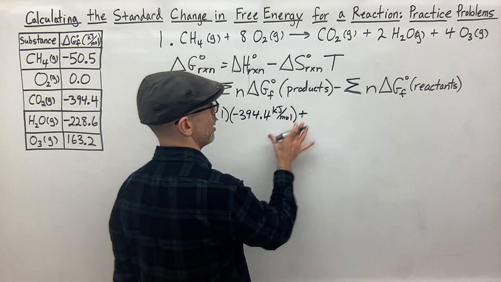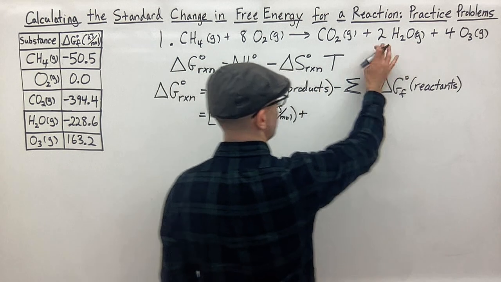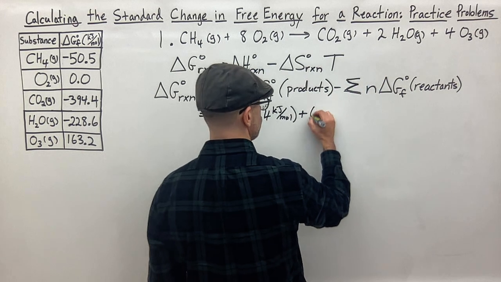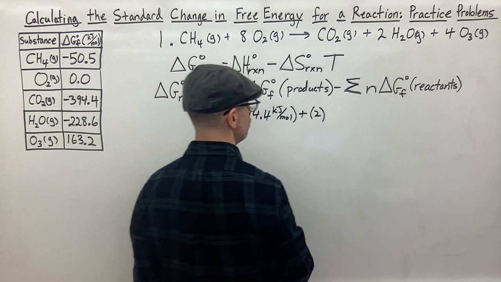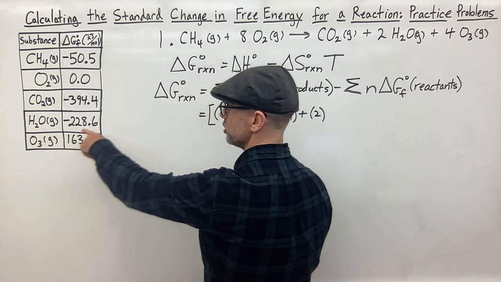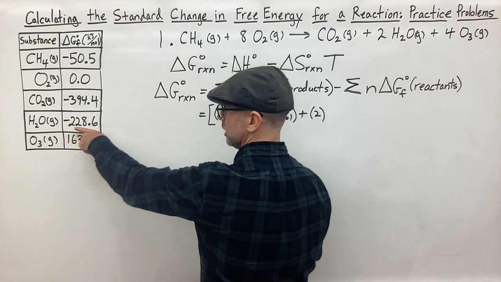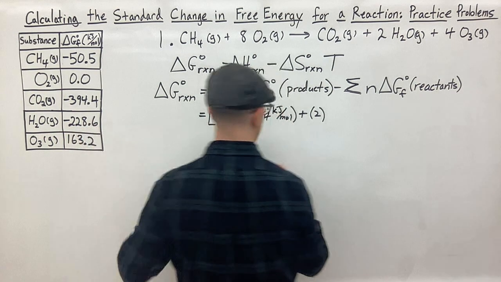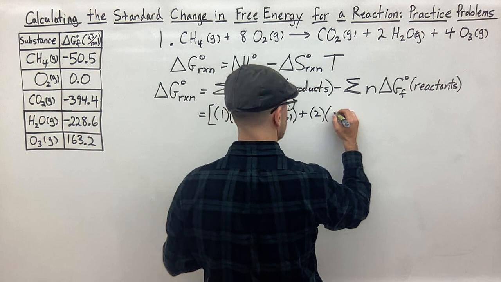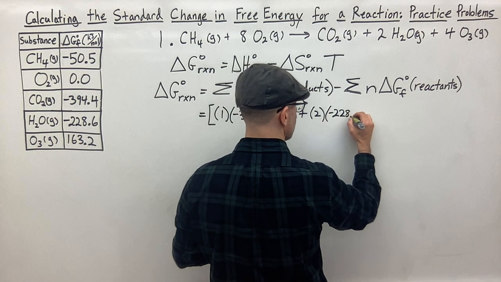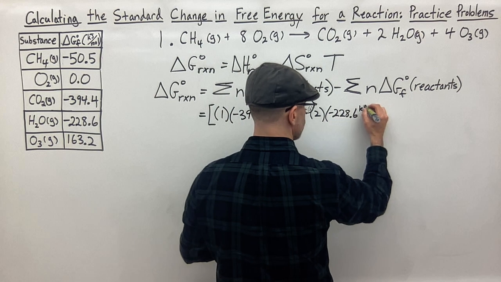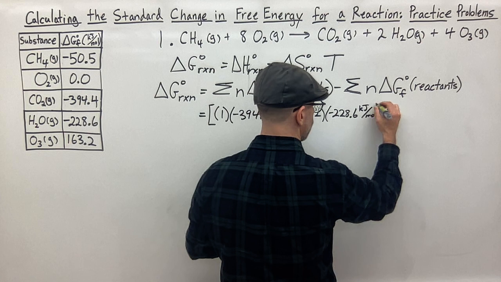So we're going to add to that our next product, which is water. I have 2 of those, so I'm going to multiply that by 2. And then the standard free energy of formation for water, gaseous, is negative 228.6. So negative 228.6 kilojoules per mole.